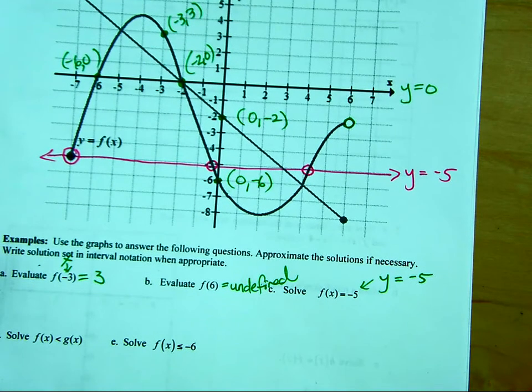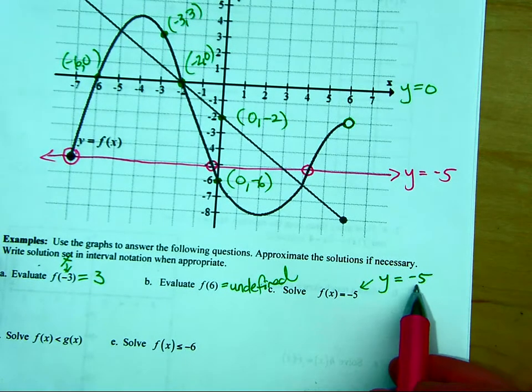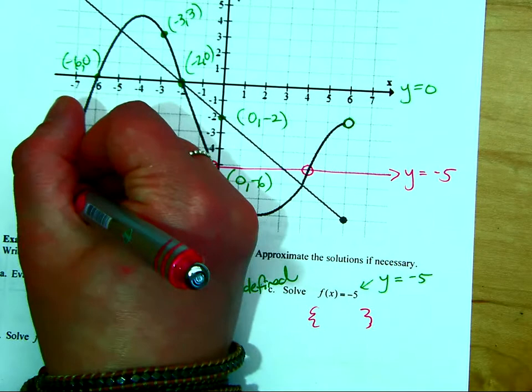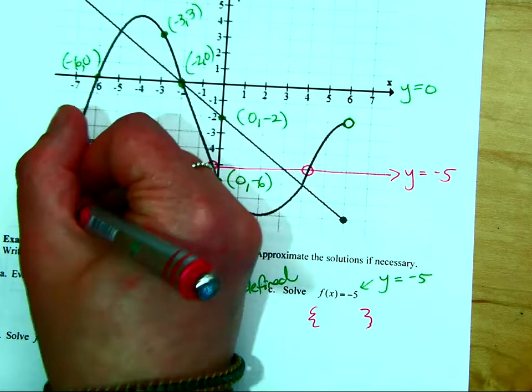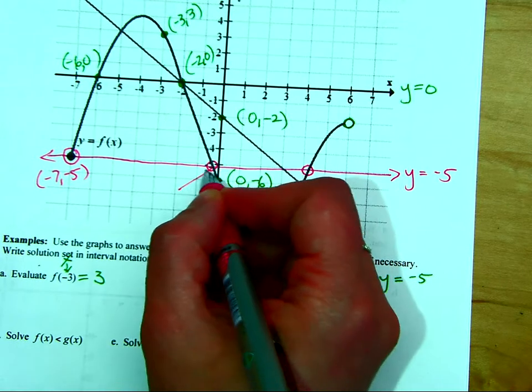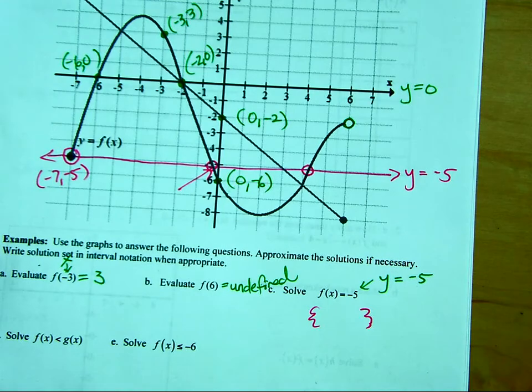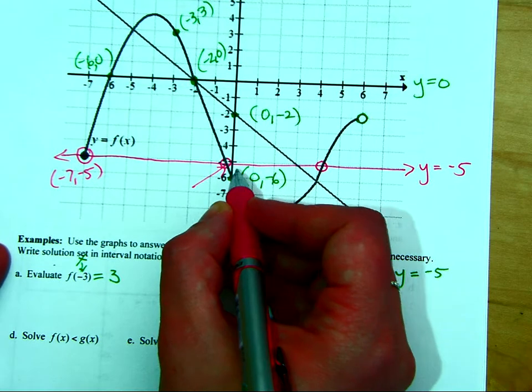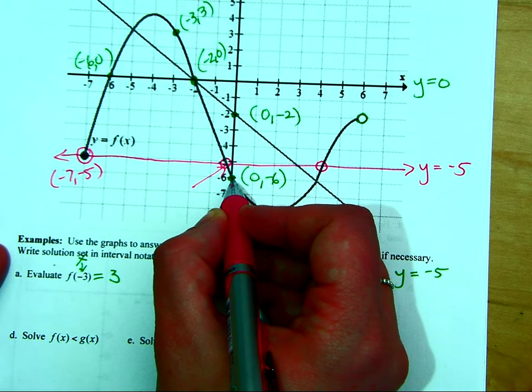So y equals -5 has this point, this point, and this point. That's what we do. We're going to solve where y equals -5. We want the x values. My ordered pair here is (-7, -5). Who can tell me the ordered pair there? It looks like about a half. It's not quite on the 0. You see there's the 0.